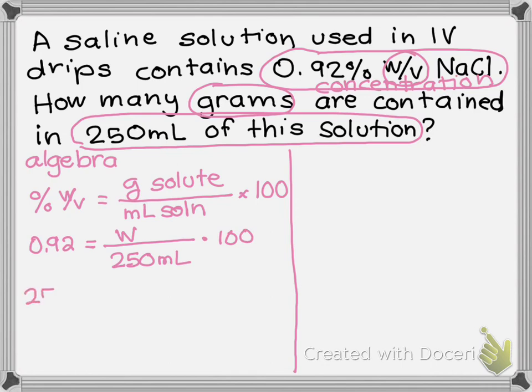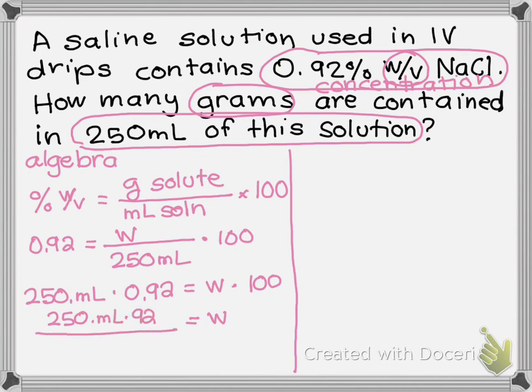So I multiply the 250 over. I'm trying to solve for W, and that would be W times 100. And then I would divide the 100 over. So I get 250 milliliters times 0.92 divided by 100. So 250 times 0.92 divided by 100 equals 23.